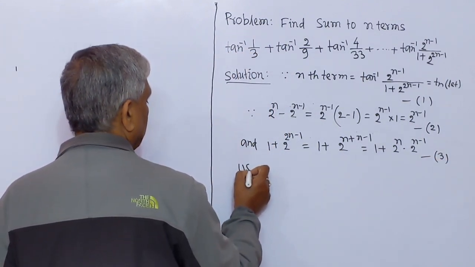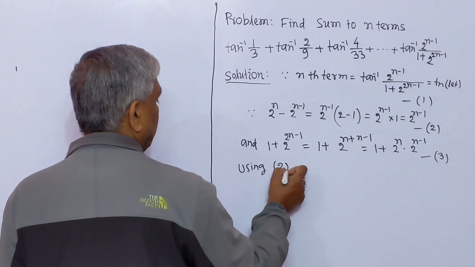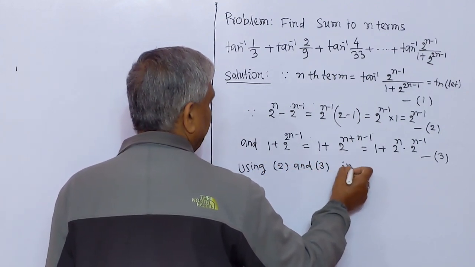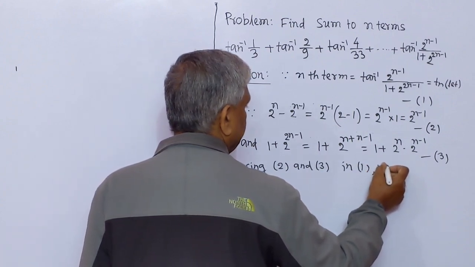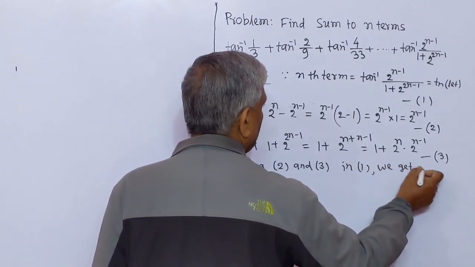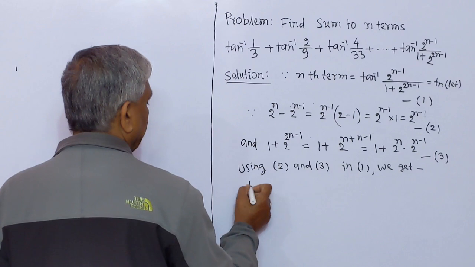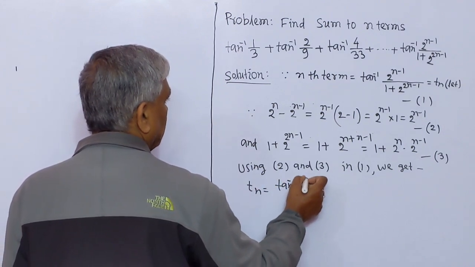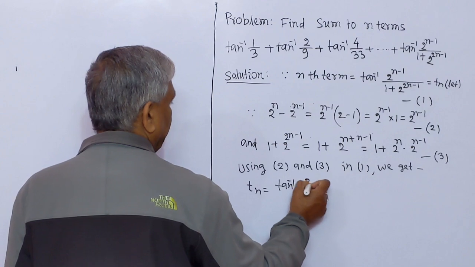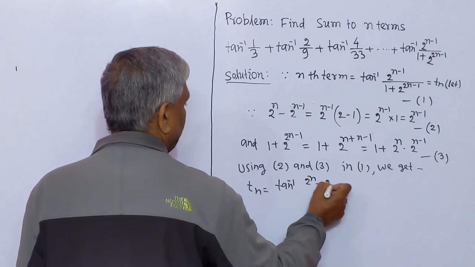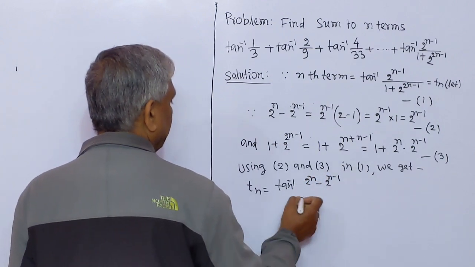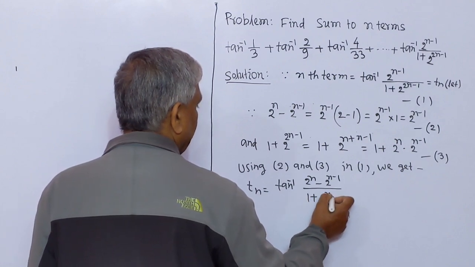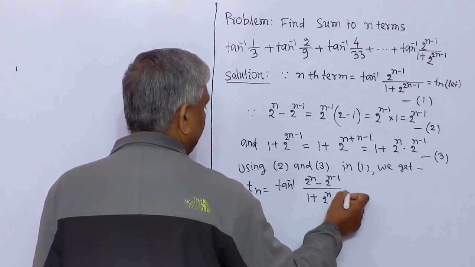Using 2 and 3 in 1, we get Tn equal to tan inverse (2 to the power n minus 2 to the power n minus 1) by (1 plus 2 to the power n multiply 2 to the power n minus 1).